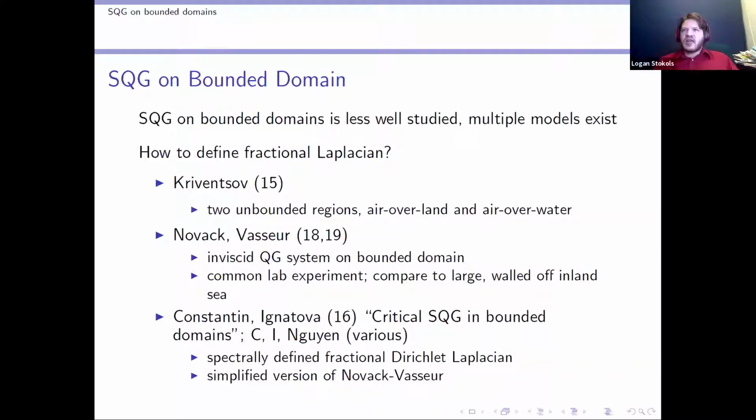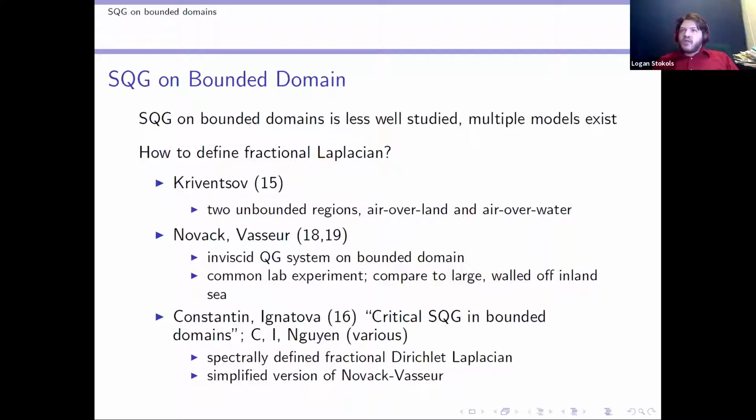If you try to look at an SQG where you assume it's harmonic in the interior, the boundary conditions are really complex, and the fractional Laplacian analog that you arrive at is difficult to study with the methods that are known. That's being looked into, but it's a bit of a moonshot.